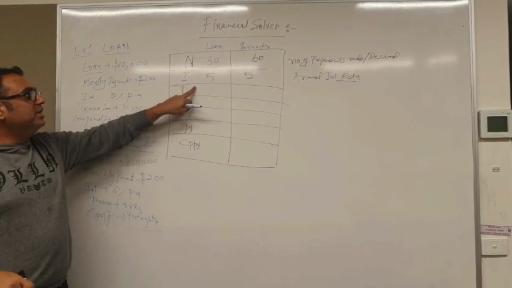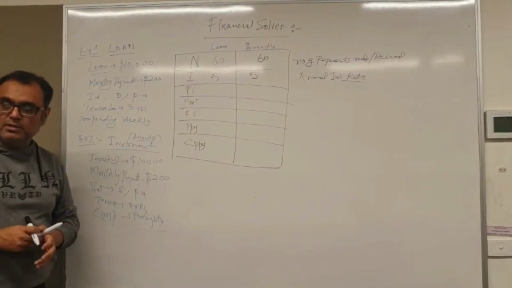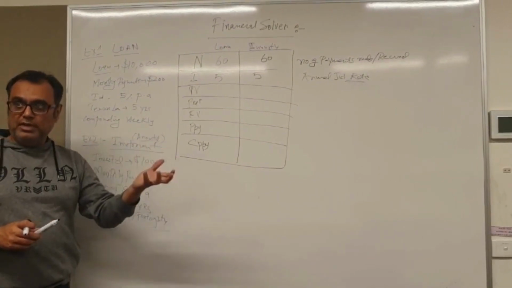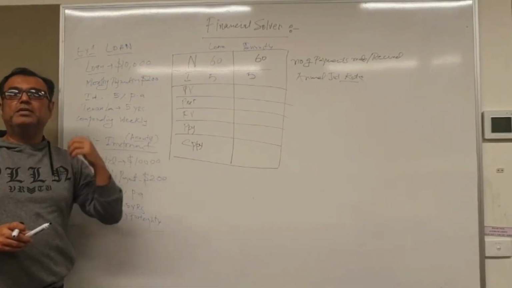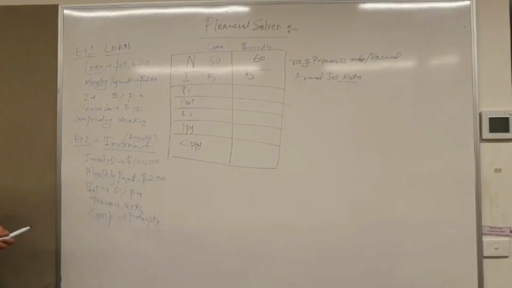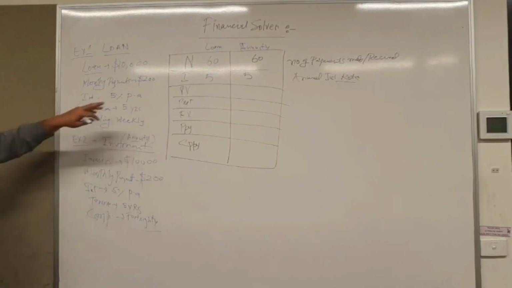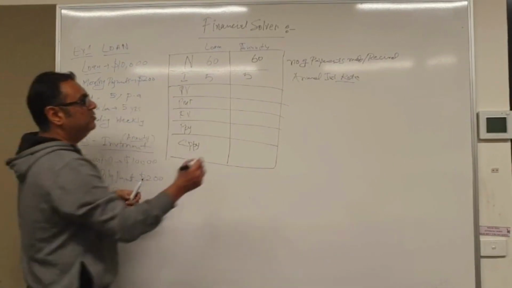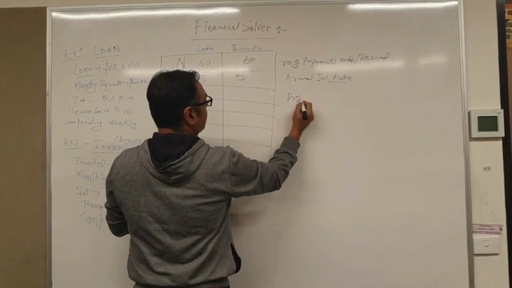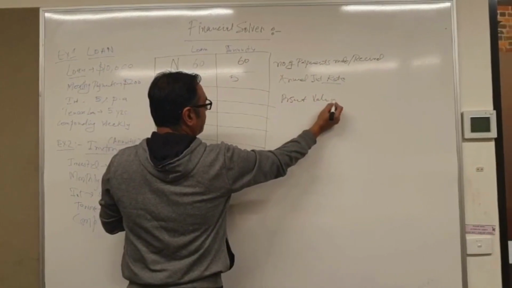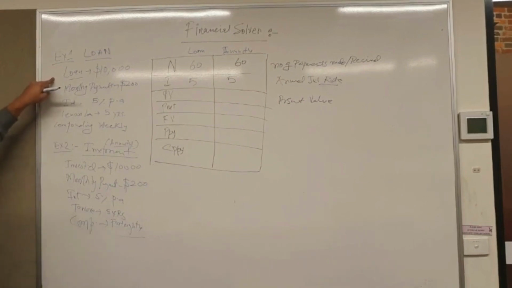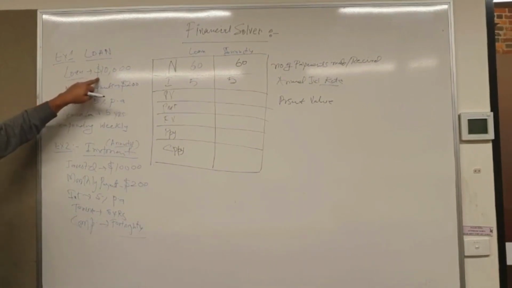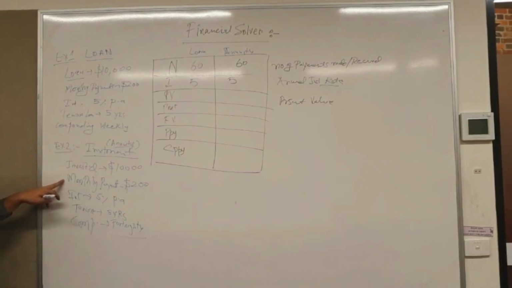Present value is the amount involved at the start. Either you've taken a loan or you're making an investment. That's where the difference comes in. It's called the present value. For loan purposes, it's $10,000. For investment purposes, it's $10,000.